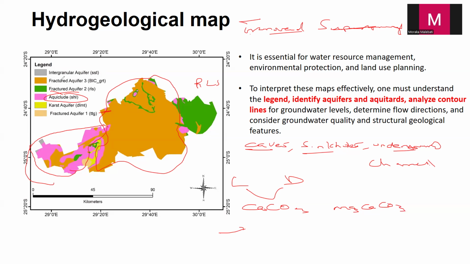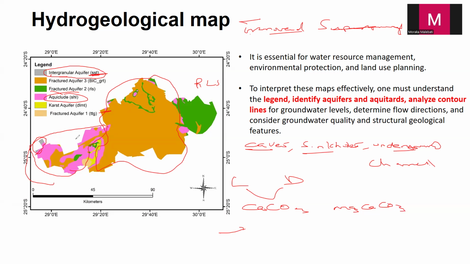And then we've got the last part, the intergranular. Here we're talking about sandstone. Look at this part. The people who are sitting here at the edge are going to have high groundwater occurrence, because intergranular aquifers consist of unconsolidated sediments. We're talking sand, gravels, sand particles.